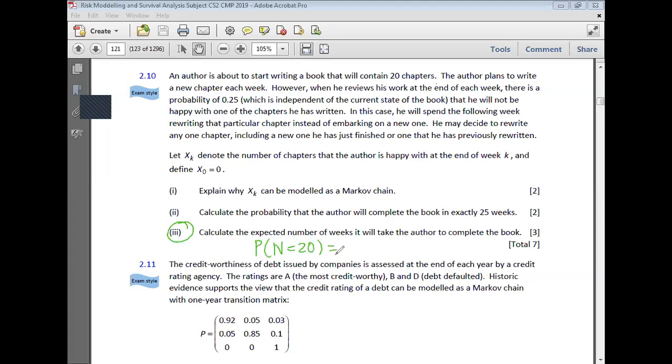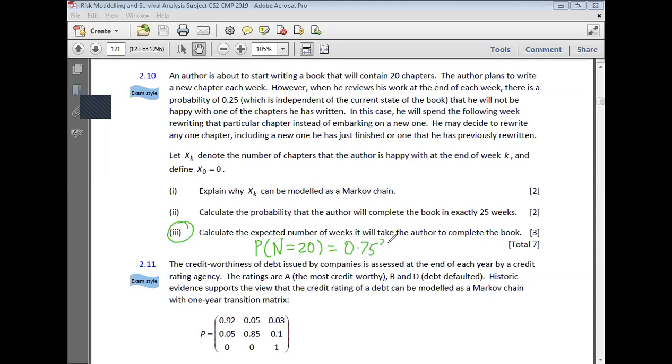And this will happen when he is always happy with all of the chapters that he has written, right? So the probability of this happening will be what? Anyone? 0.75 raised to 20. Exactly, right?